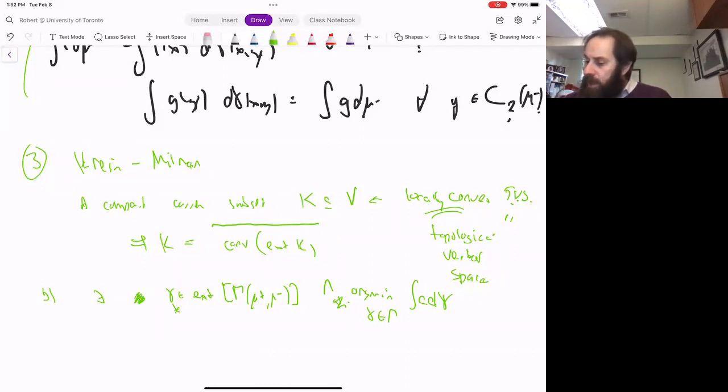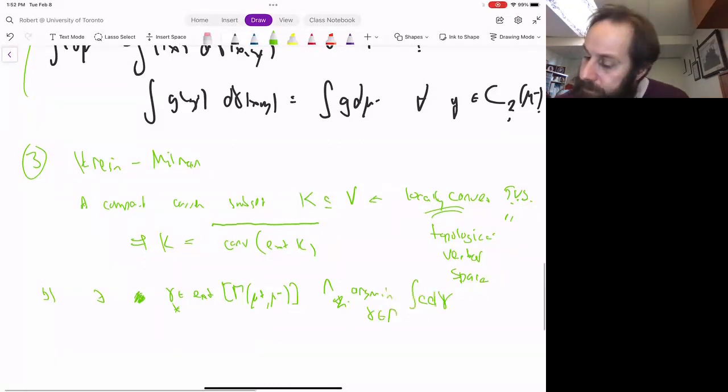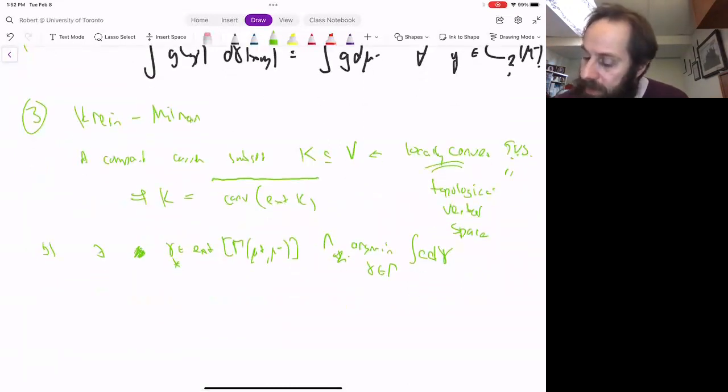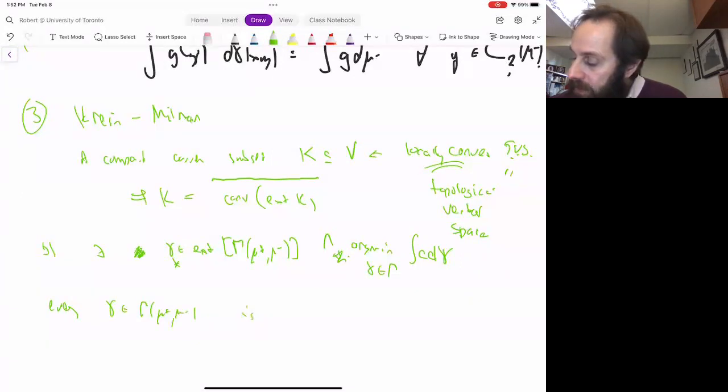They said every gamma in Gamma is a convex combination of extreme points. So what's wrong with this?